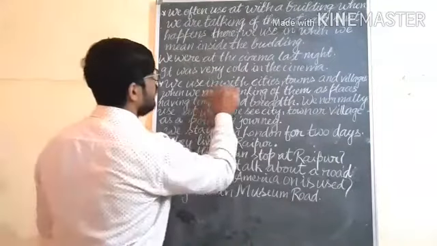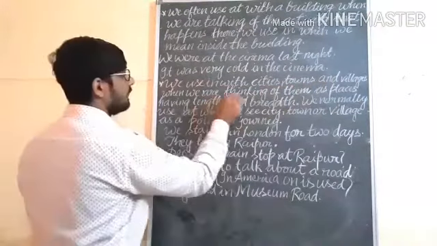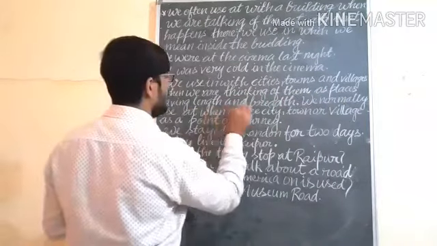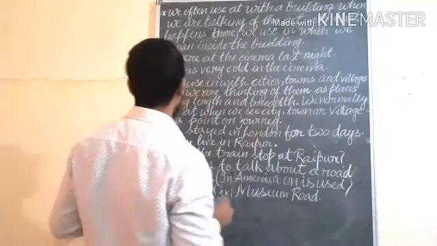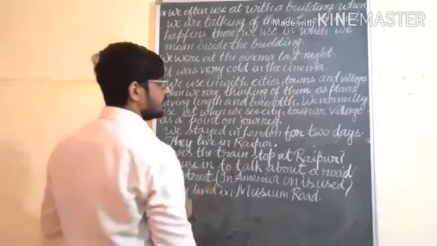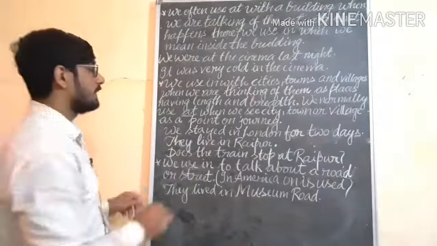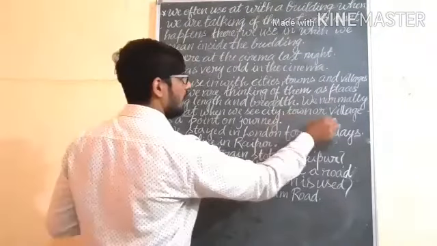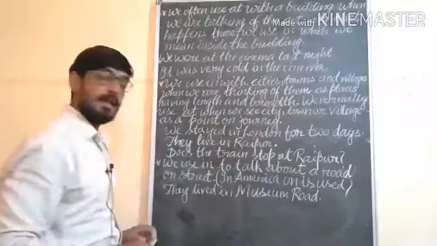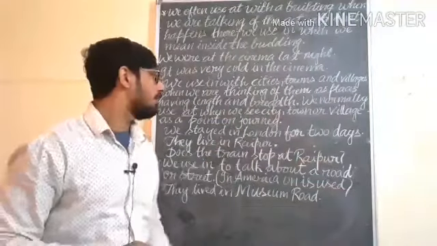We use in with cities, towns and villages when we are thinking of them as places having length and breadth. We normally use at when we see a city, town or village as a point on a journey. For a point on a journey, we will use what?